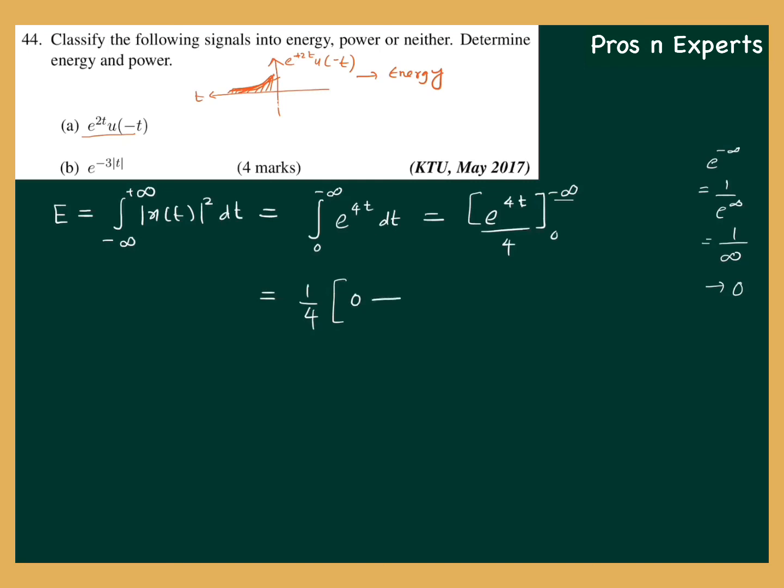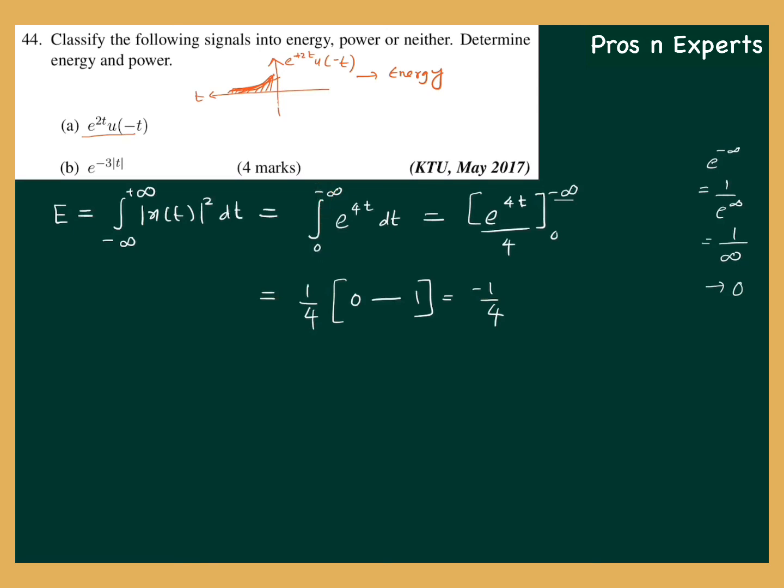0 minus, what is the second limit? It is 0, so e raised to 0 is 1. So what you will get is minus 1 by 4. Actually we have reversed the limits, right? The limit as t advances is from minus infinity to 0, but I have reversed the limits here, 0 to minus infinity.